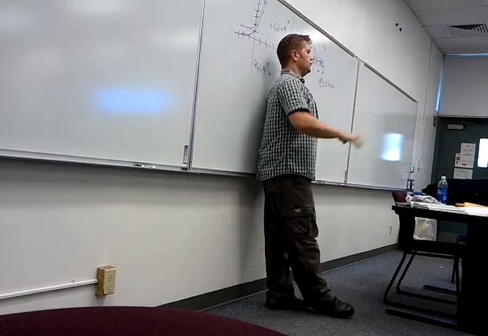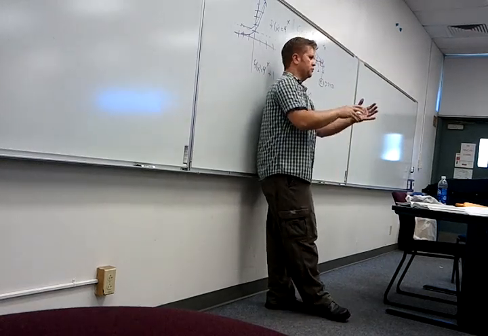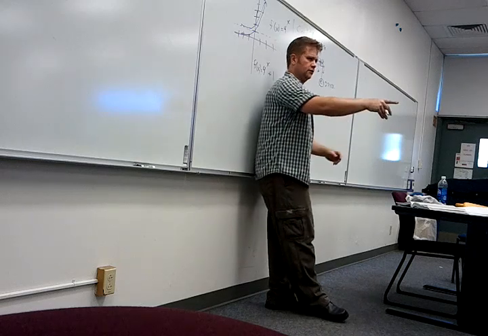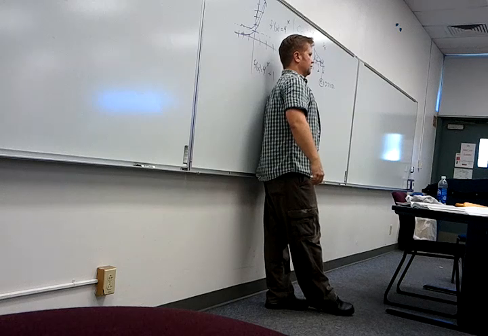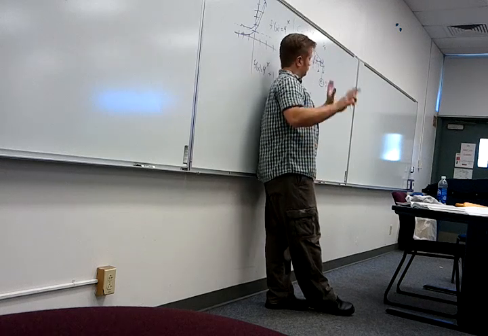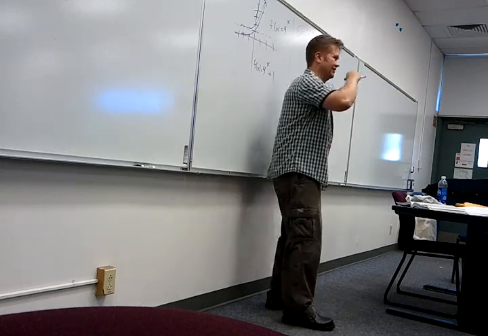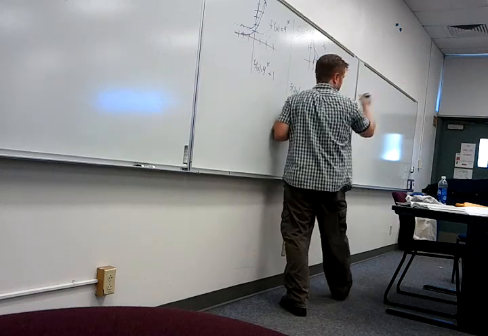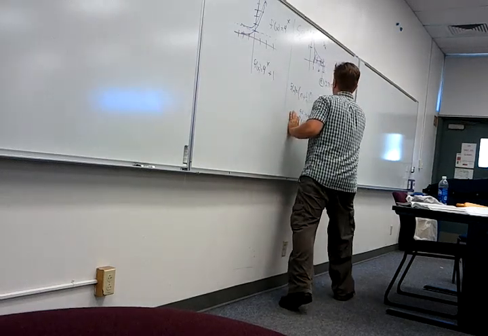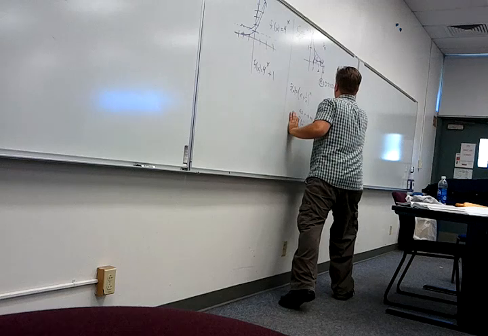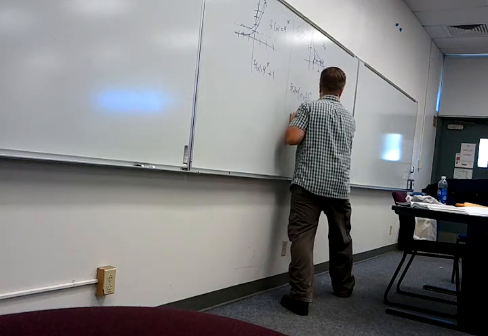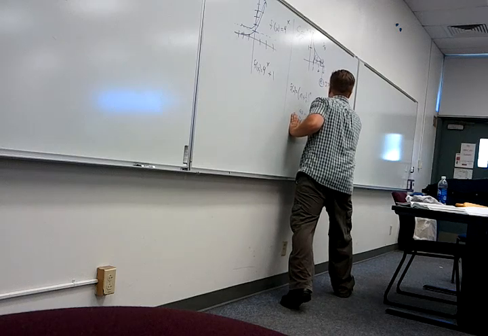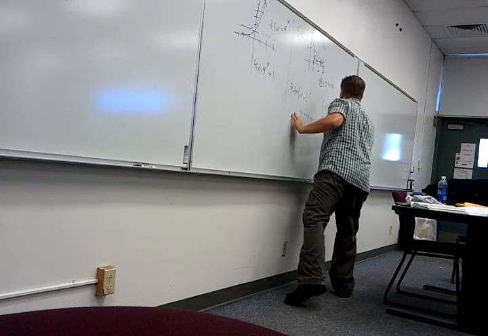So if you tried this, everybody try this. Take your calculator out. Somebody give me a decently large value for n. 100. That's right. Let's try it. So 1 plus 1 over 100, to the 100th power. If you have a graphing calculator, you would do it like this: parenthesis 1 plus 1 divided by 100, to the 100th power.